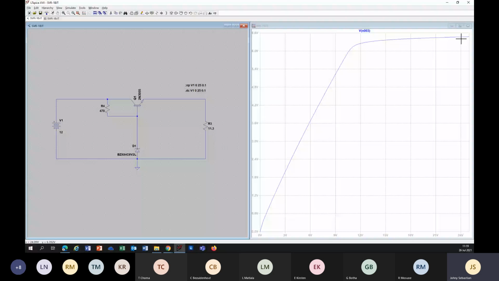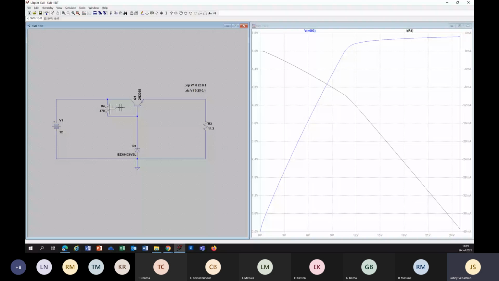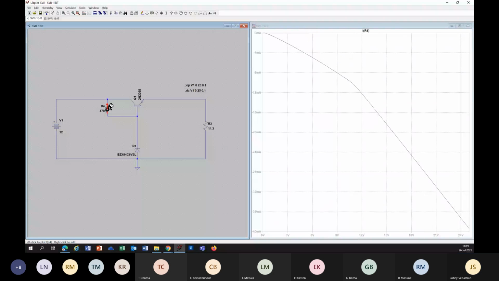We can also check the current flowing through that resistance. You can see it's not the same current. When the input voltage is incremented, your current through that resistance is actually dropping, reducing.